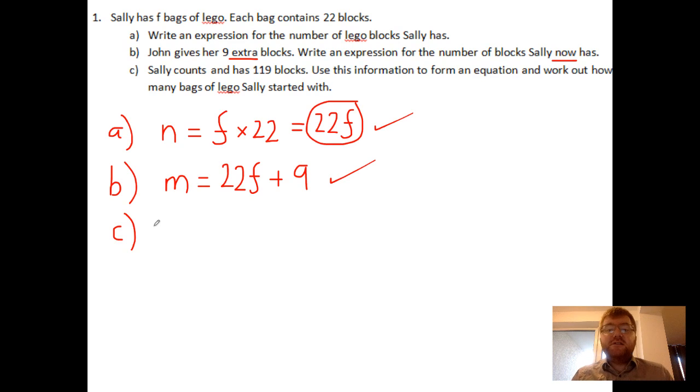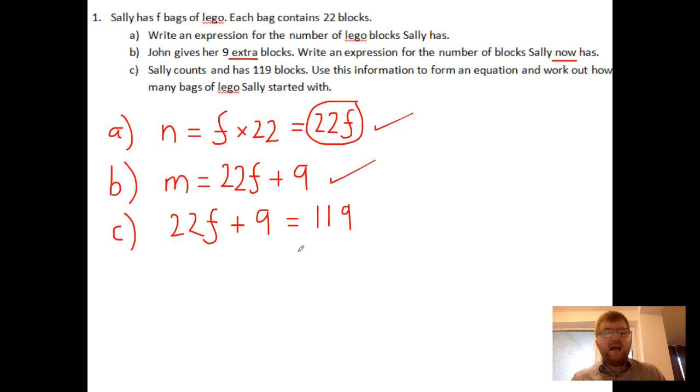We now need to use this information to form an equation and work out how many bags of Lego Sally started with. So we take our expression, so that's 22F plus 9, like so, and that's going to be equal to the number of blocks we have, which is 119, like so.